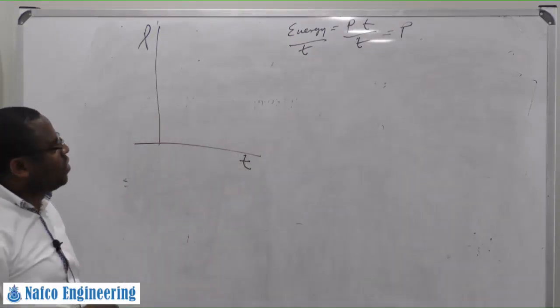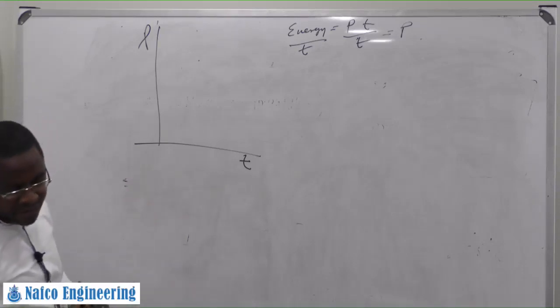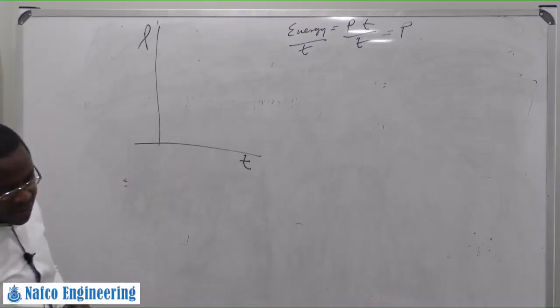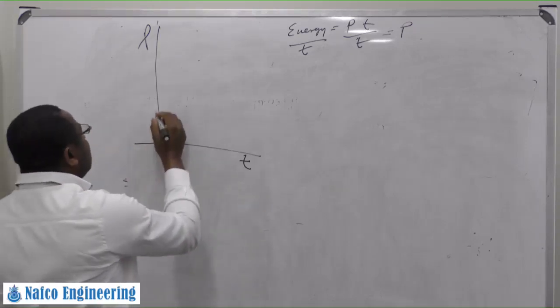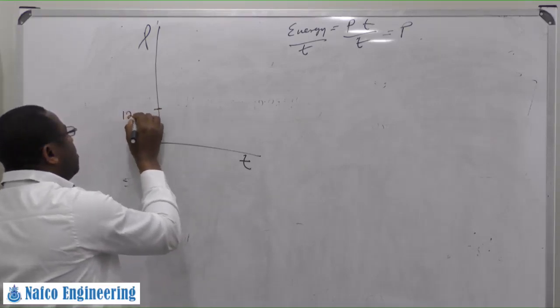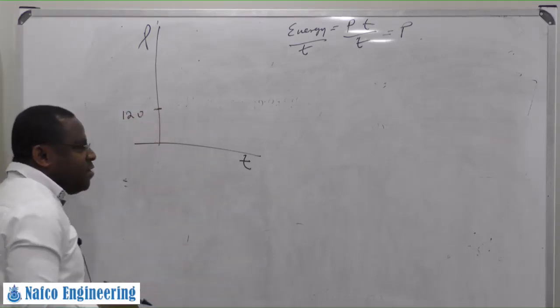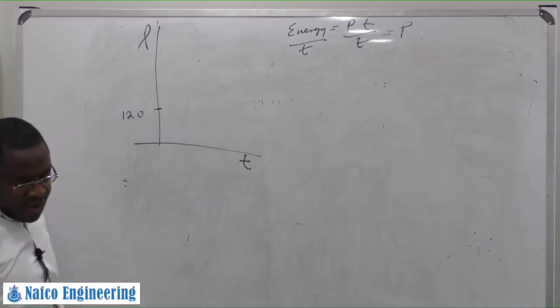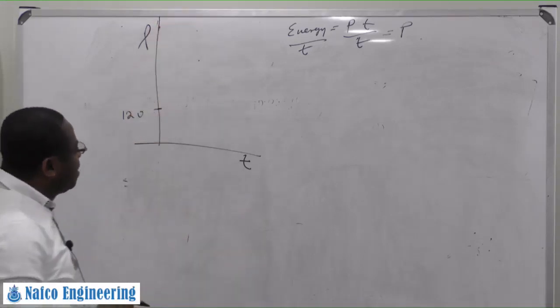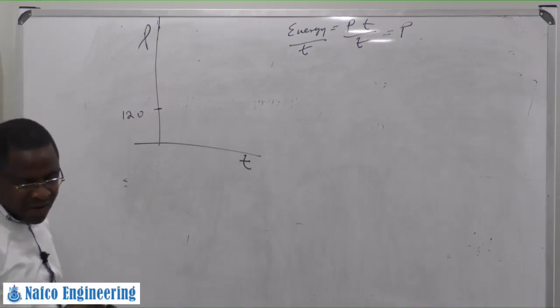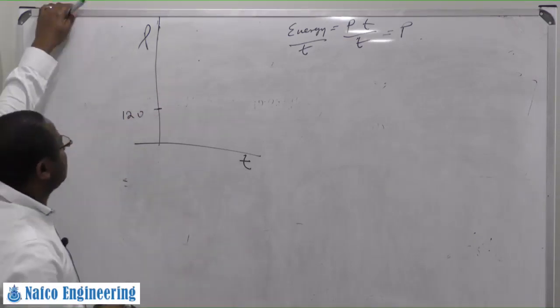So what we are going to do is plot the graph just as we have it there. The first time the motor is loaded, the initial loading, is 120 kilowatt. And after 120, 820. Now, I need to check, because I need to set my scale very well here. So I'm going to check the highest. Highest is 1050.